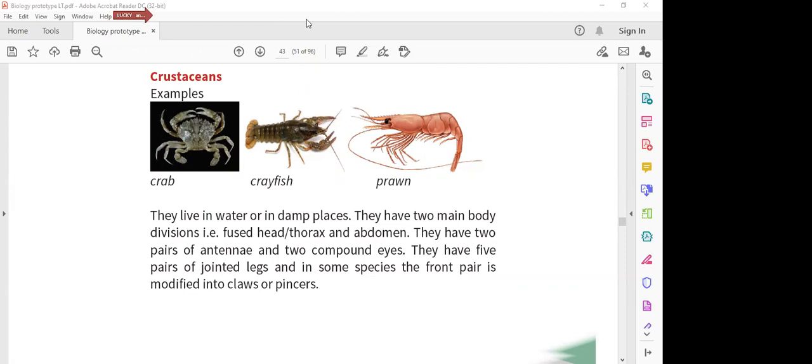What name do we give to a fused head and thorax? Has anyone come across that term?